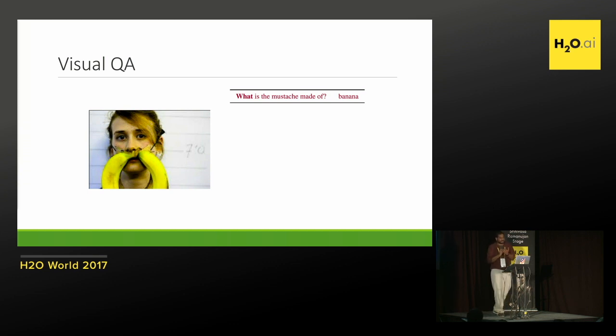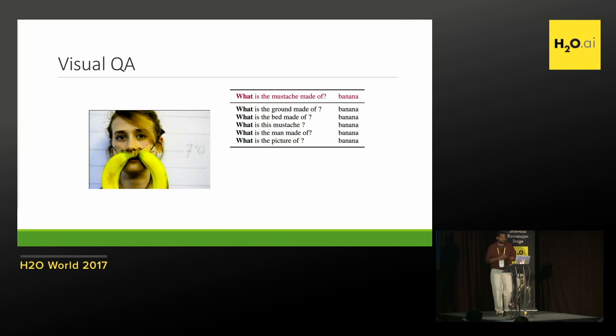If the word what appears in the sentence, the answer was banana. That's what the anchor automatically told us. And it did so by creating a bunch of different questions, like what is the ground made of, what is the bed made of, what is this the picture of, and the answer by the machine learning classifier was always banana.